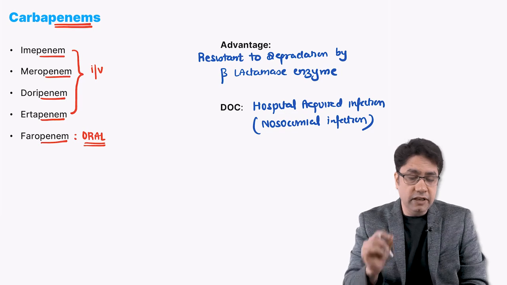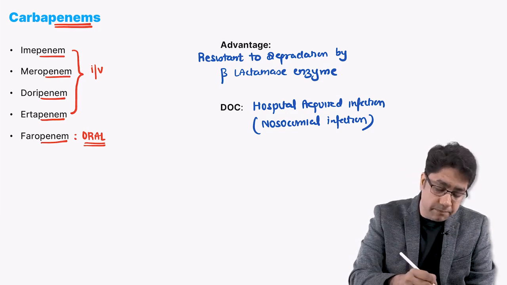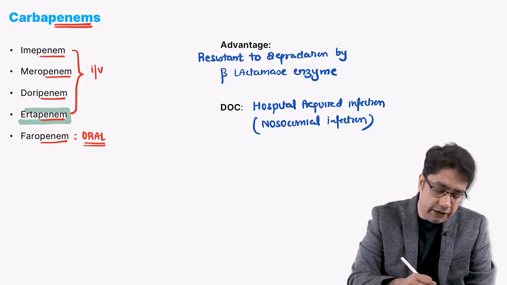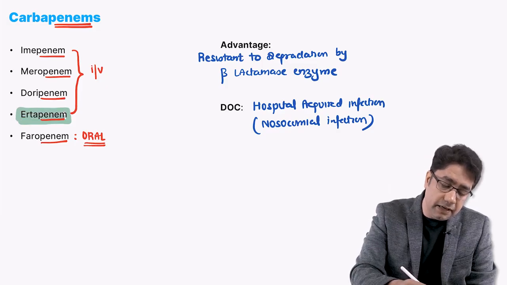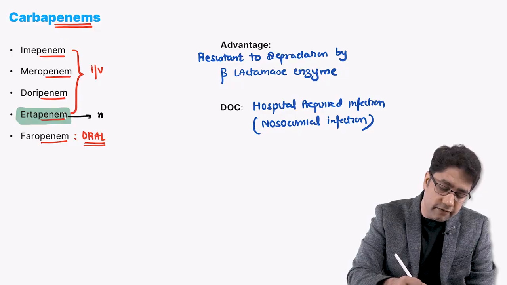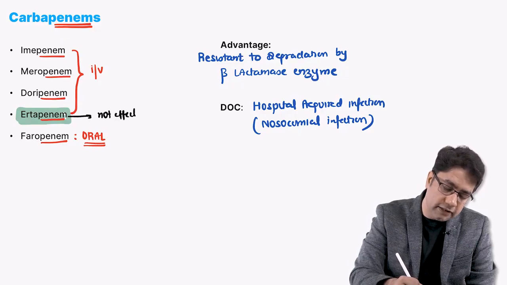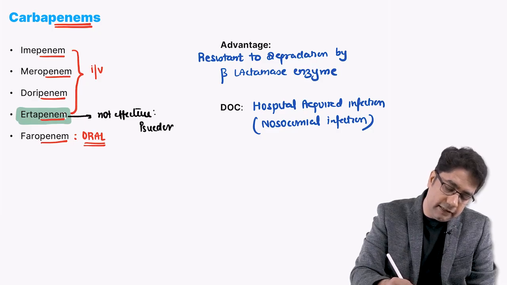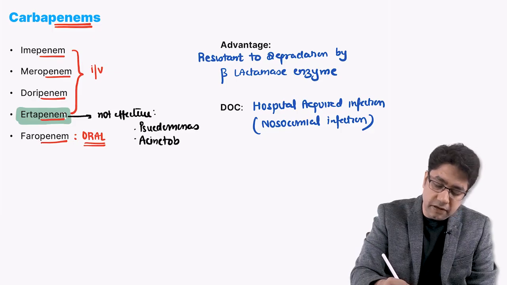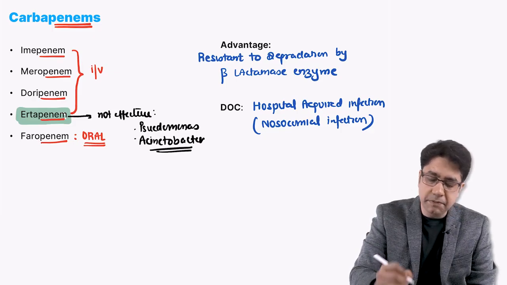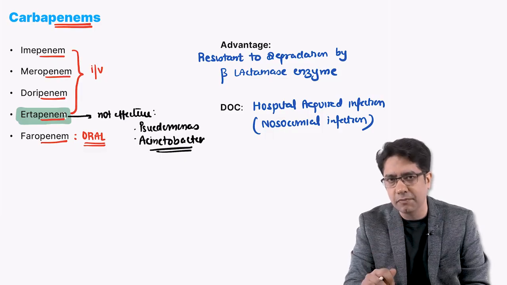Now, one important point you must remember, there is a bad drug, ertapenem. This ertapenem is not effective in Pseudomonas and it is not effective in Acinetobacter, which we have just discussed previously. So it is less commonly used.